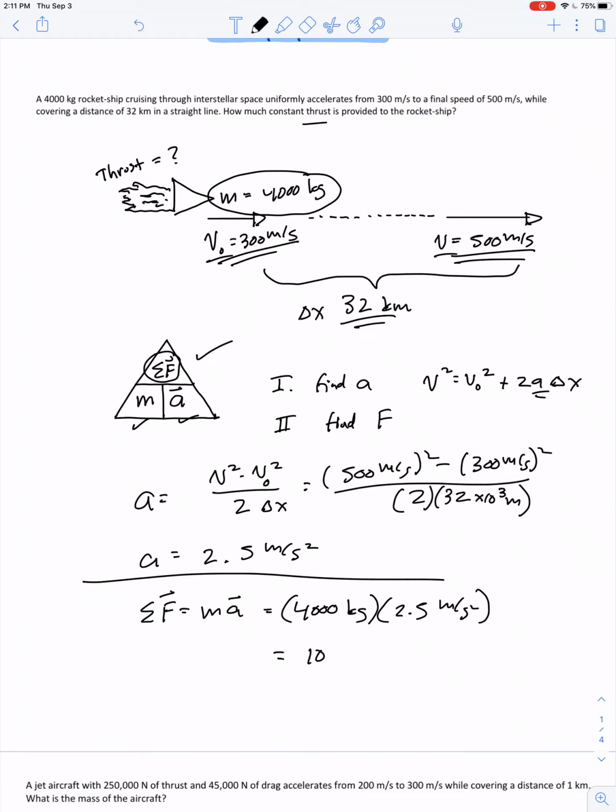Gives us 10,000. Well, it gives us 10,000 kilogram meters per second squared. It gives us a combination of several units. Well, there's a name to all that, right? A kilogram meter per second squared is referred to as a newton. This is Newton's laws after all, right? Yeah, so our force is 10,000 newtons.